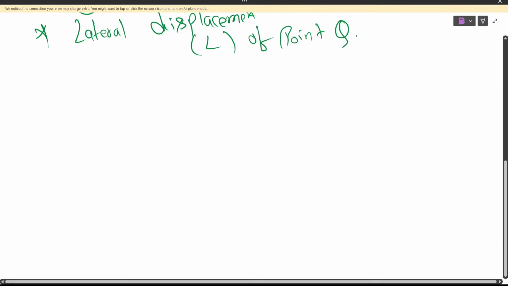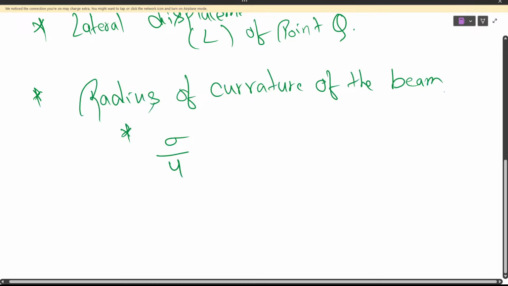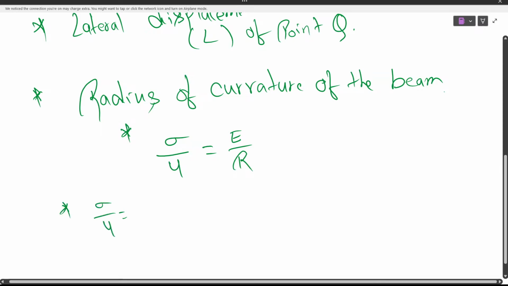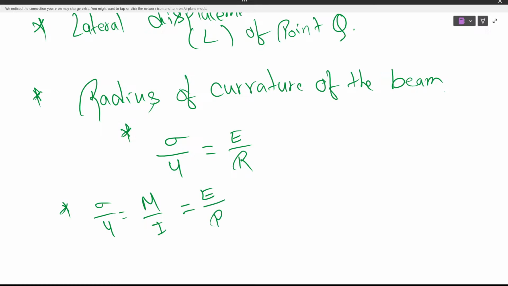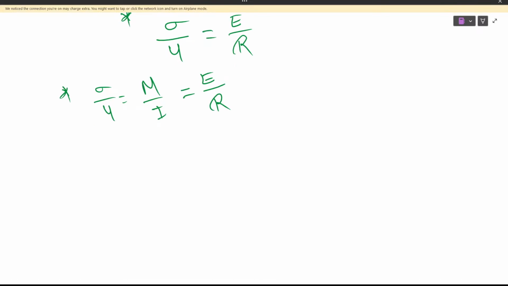First, let's calculate the radius of curvature of a beam. How will we calculate it? Sigma upon y is equal to E upon R. We also know that sigma upon y is equal to M upon I, and it is equal to E upon R. So we can say that 1 upon R is equal to M upon EI.